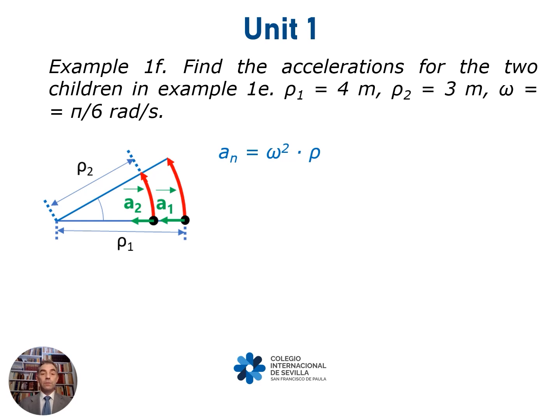Therefore, for child 1, AN1, normal acceleration 1, will be angular speed 1 squared times radius 1, and as the angular speed is constant and common, we can write (pi divided by 6) squared, which is the common angular speed, times 4, which is radius 1.